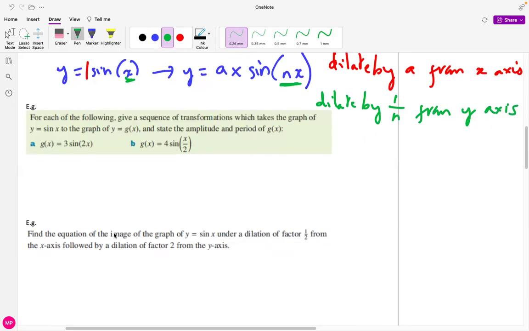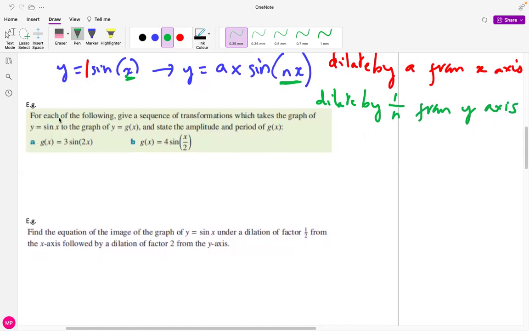All right. We do have an example here. This is our original equation, and this is our image equation. They want us to state the transformation. So with the 3, we say it is dilated by a factor of 3 from the x-axis.